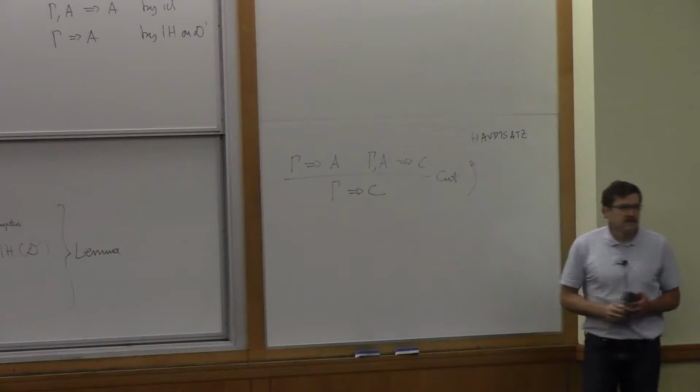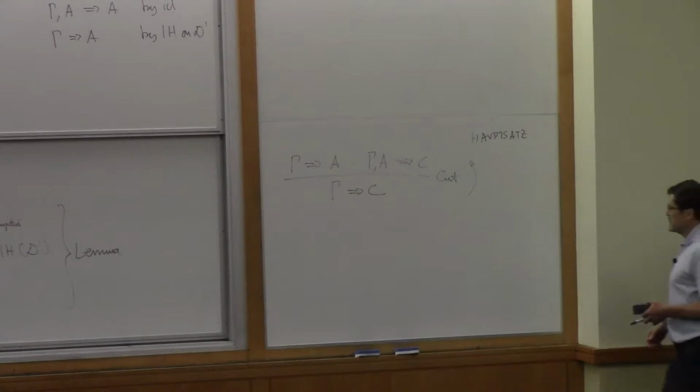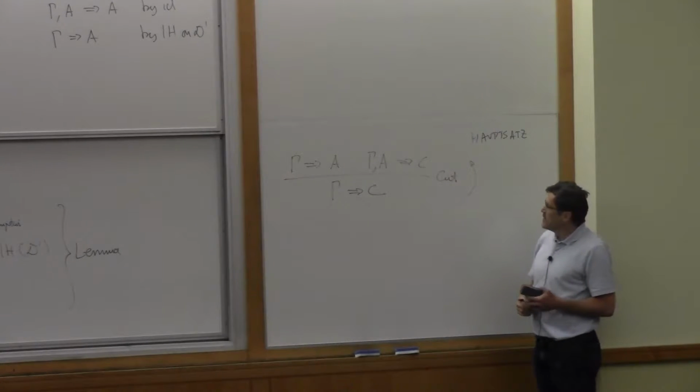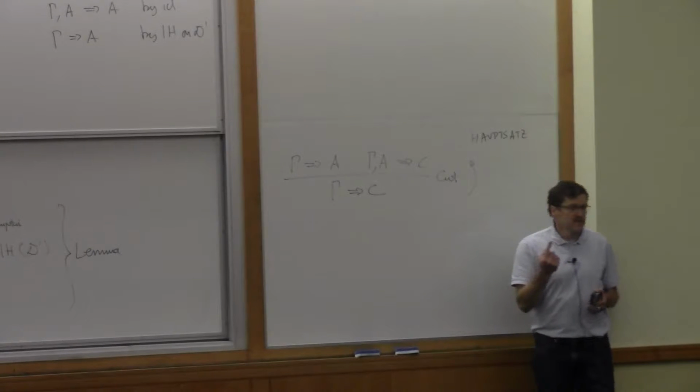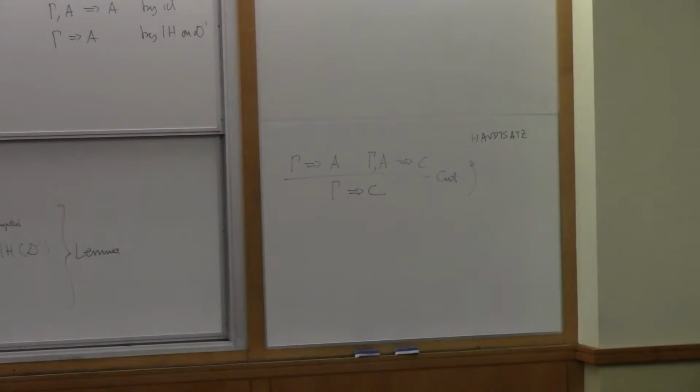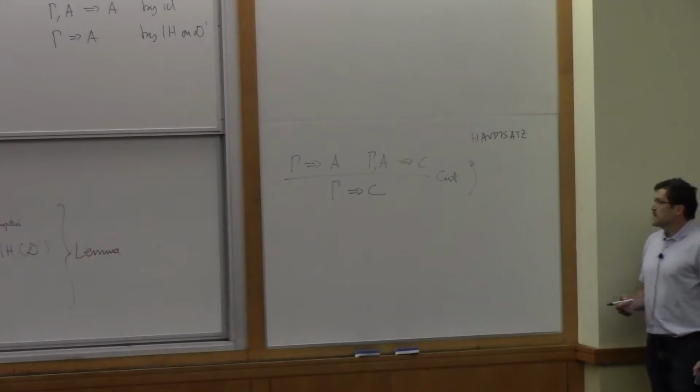So that's his Hauptsatz, which says that we don't need that rule. If we don't need that rule, then there can't be a proof of falsehood from no assumptions, because there isn't a verification of that, and then our system is consistent. So that was Gentzen's program, and that's why he even invented the sequent calculus, just for the purpose of that proof.